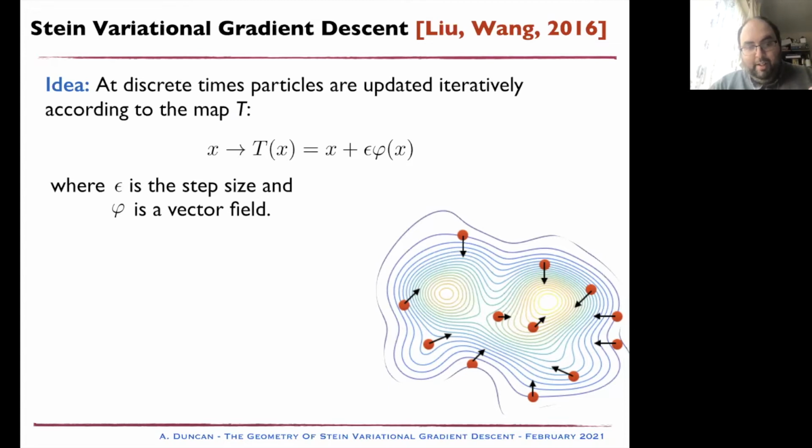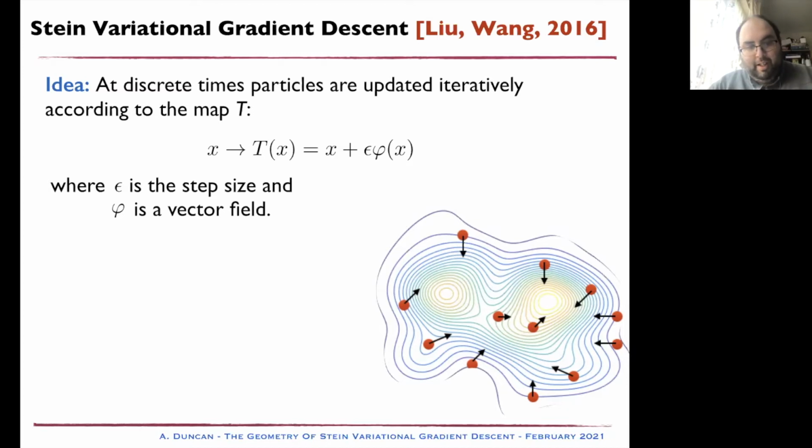What's a little bit different in this situation is that rather than trying to find a map which goes from some initial distribution to the target, we really look at this composition of lots of deterministic maps that each one infinitesimally pushes you a little bit closer to the target distribution.